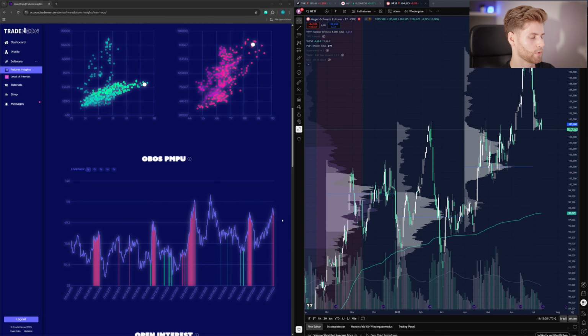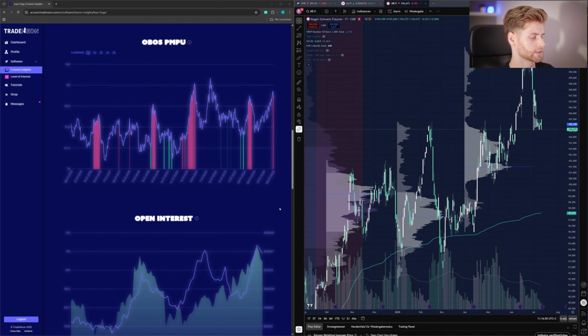Still, the OBS indicator tells us that we got a short signal right now with 84%. So this simply means that if we relate the current position to all those things, the current price, the amount of involved market participants and the total open interest, the current position is more interesting for the short side.